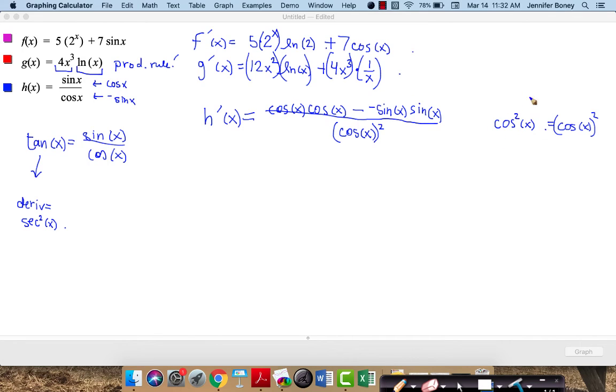It's that the result of cosine is squared, not the input to the cosine is squared. So you can use either one of these, but those are not the same as cosine of x squared. So that's why I wrote the extra parentheses here to make it look like how quotient rule did, but this is more often how it's written.